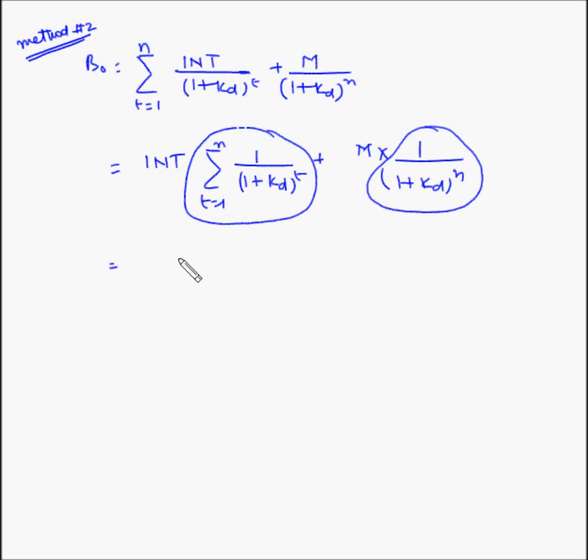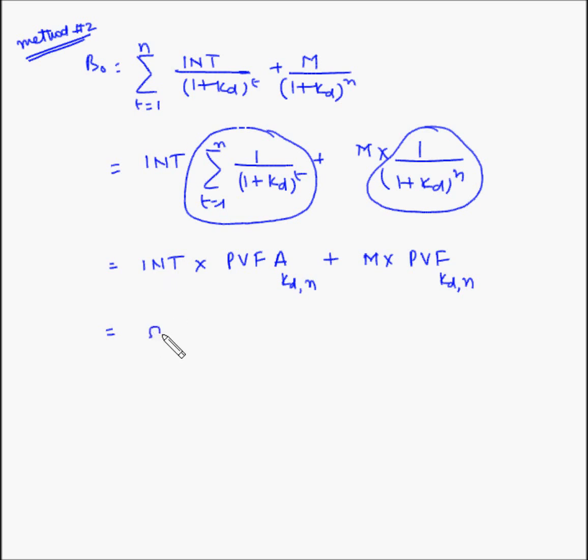So this can be written as INT into present value factor of an annuity, where the rate of interest is KD and the tenure is N, plus M into present value factor of a lump sum, with KD as the rate of interest and N as the number of periods. So now let's plug in the values.